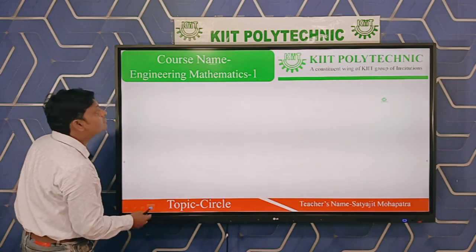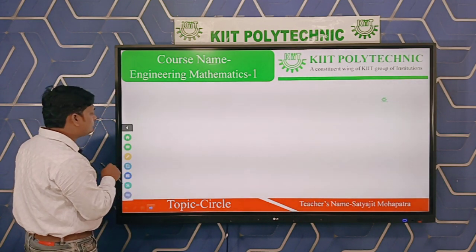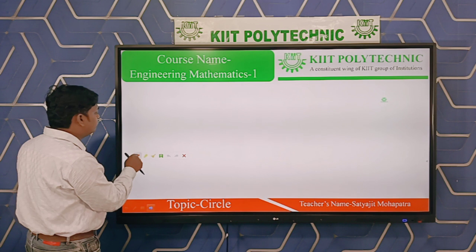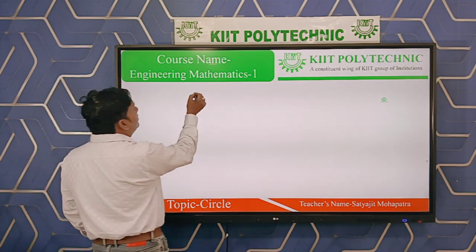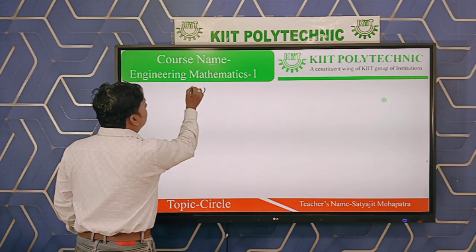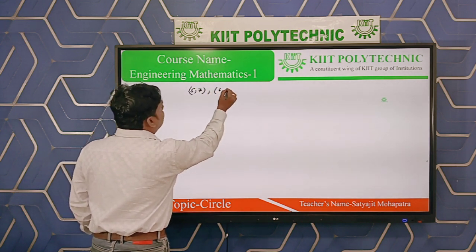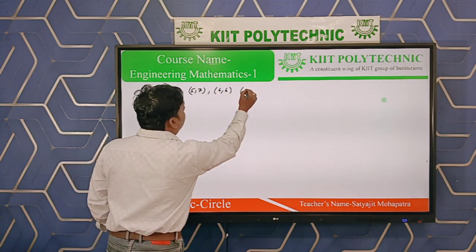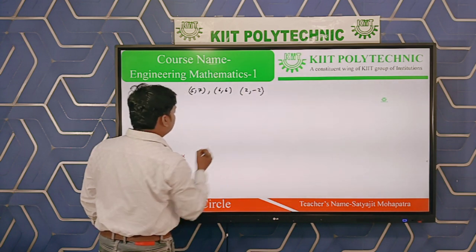All of you see here. Three points are given: (5, 7), (6, 6) and (2, minus 2).